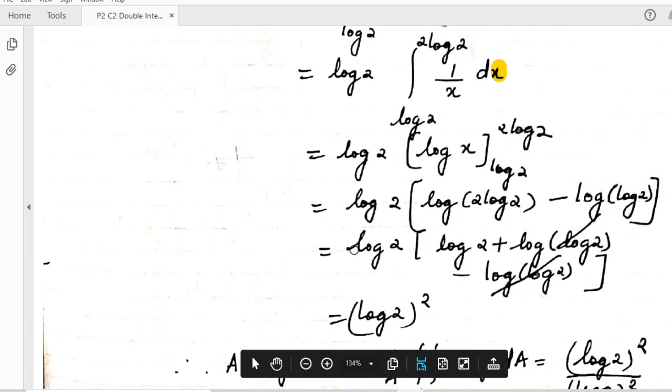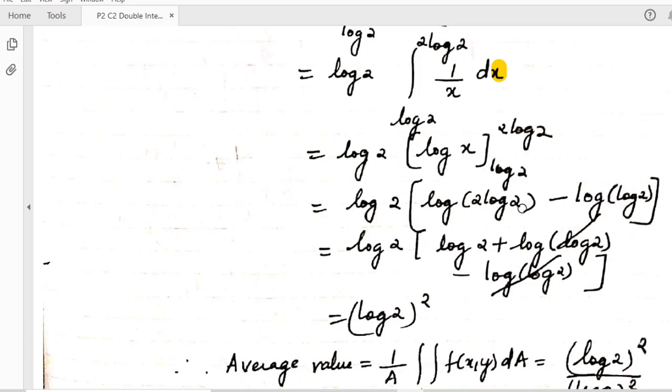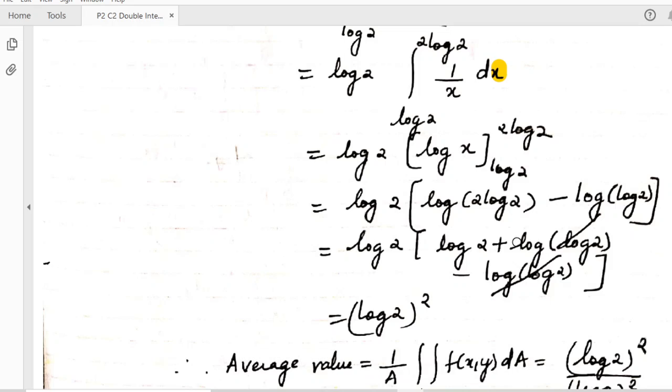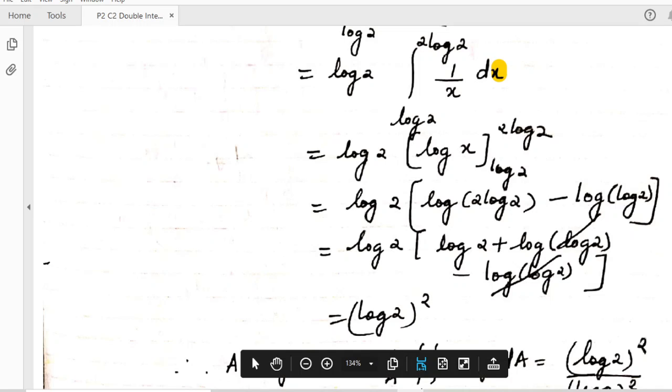Again we use the log AB formula, log AB equals log A plus log B. So we get log 2 into log 2 plus log of log 2, minus log of log 2, and plus log of log 2 and minus log of log 2 get cancelled. So we get log 2 into log 2, that is log 2 square.